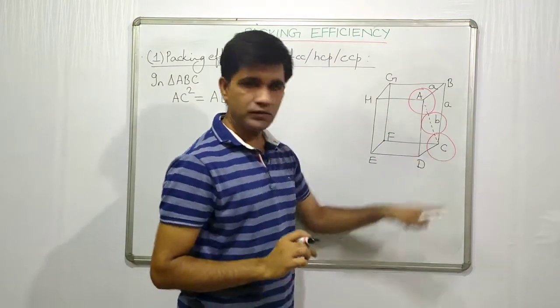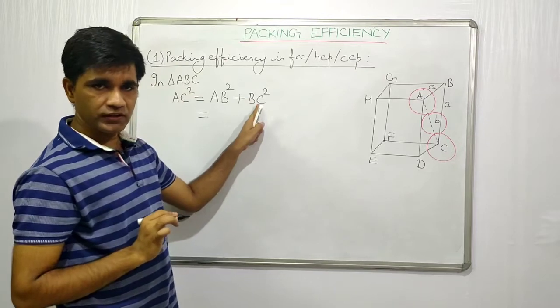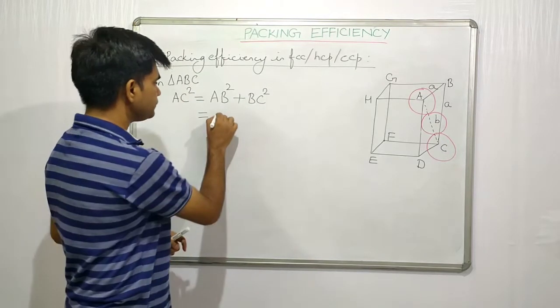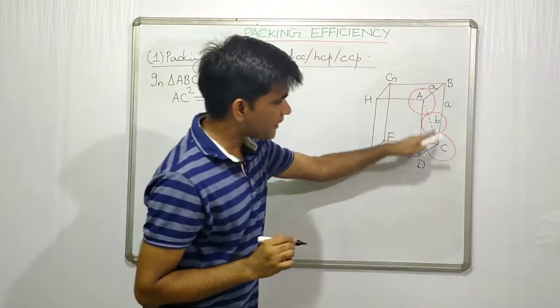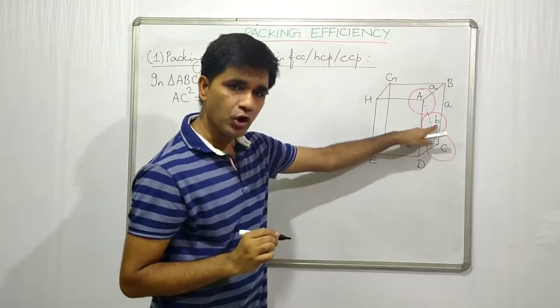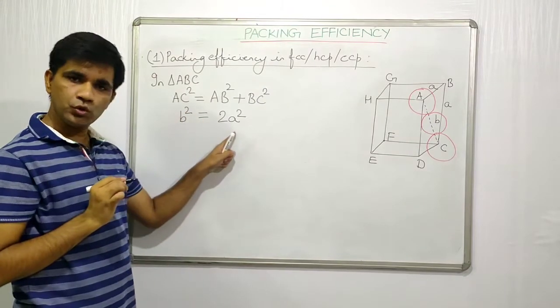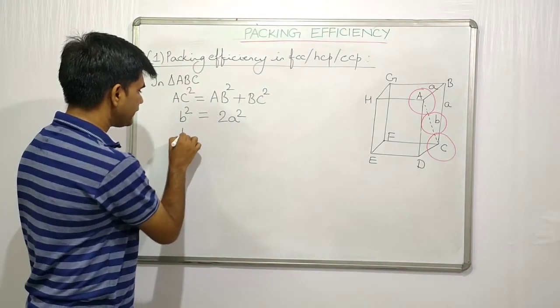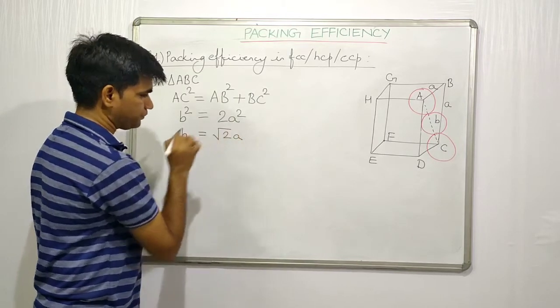AB and BC both are the edges, so a square plus a square is equal to 2a square. AC is the face diagonal which is equal to small b, so b square is equal to 2a square and we can write b is equal to root 2 a.